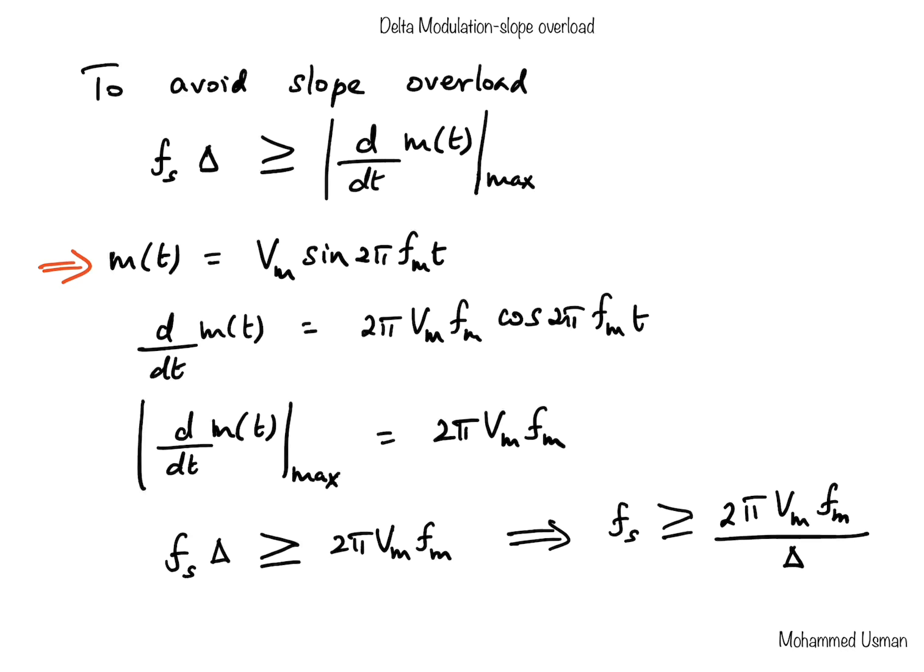So that's the condition that must be satisfied in order to avoid slope overload in delta modulation.